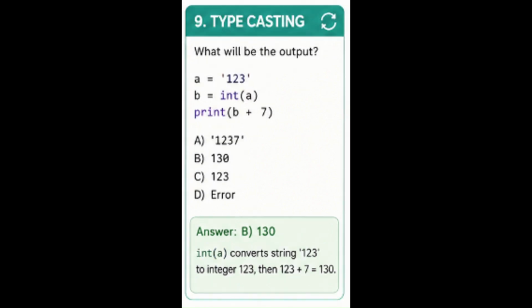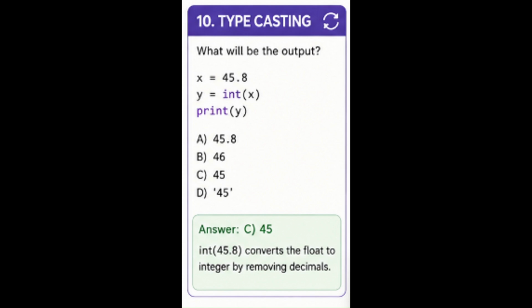Keys. What will be the output? A equal to 123. Int A. So int A means 123, which was a string, converted into integer. So now B equal to 123 in integer. Print B plus 7. So 123 plus 7 is 130. B option.